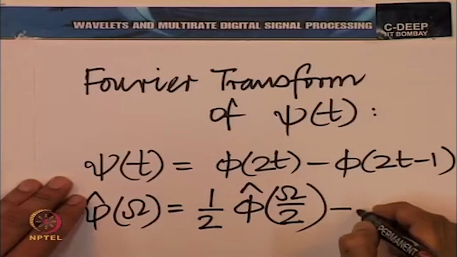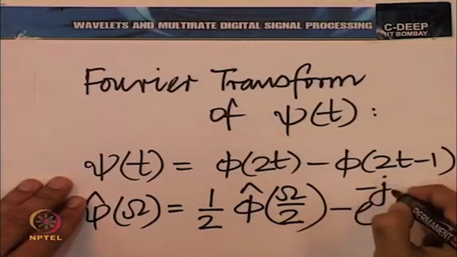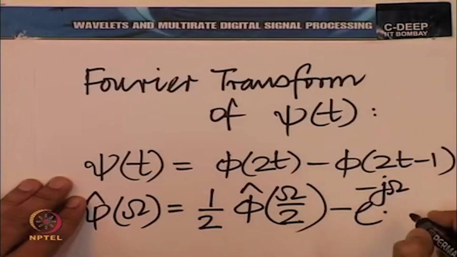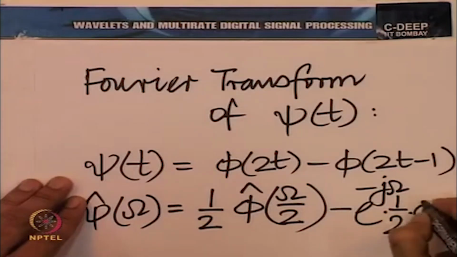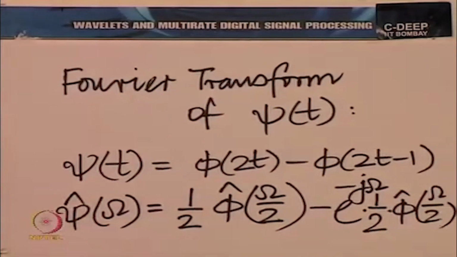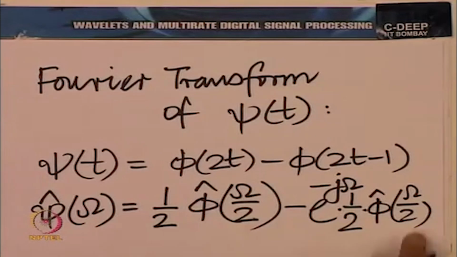So, e raised to the power minus j omega times the same expression. We can evaluate this.